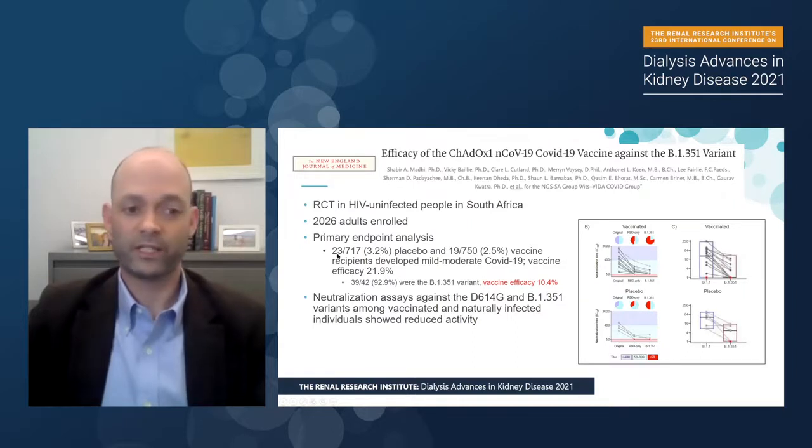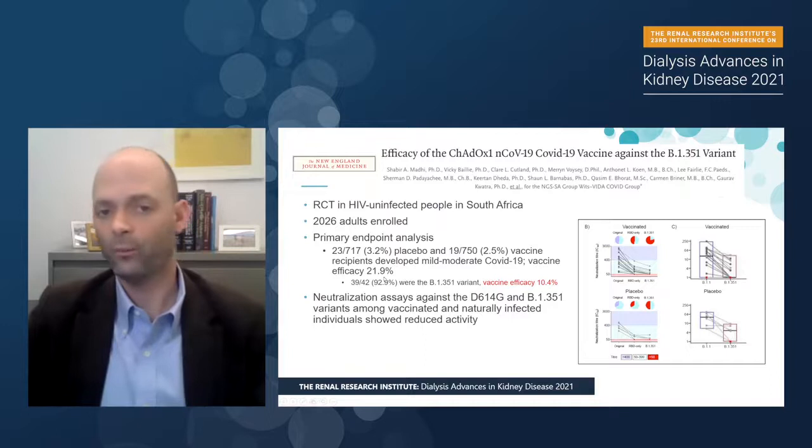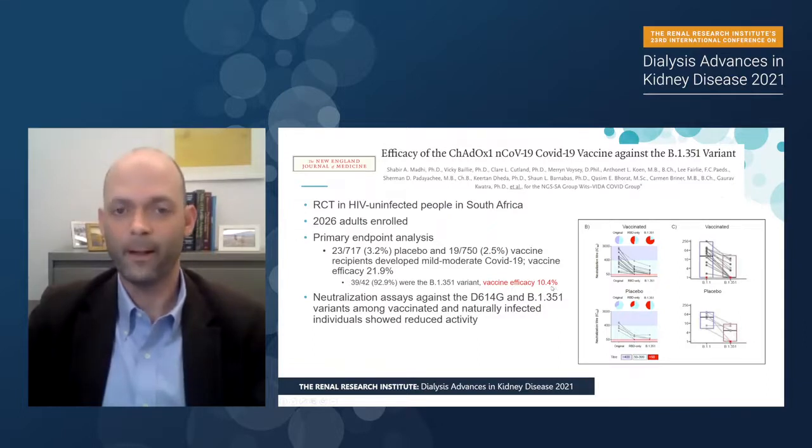There were 23 cases in the placebo and 19 cases in the vaccine arms who developed mild to moderate COVID-19, for an efficacy of 21%. And when you look at efficacy among those who actually acquired the South African variant, the vaccine efficacy was actually 10%. So this has led essentially to the vaccine being pulled from South Africa because of its poor results.